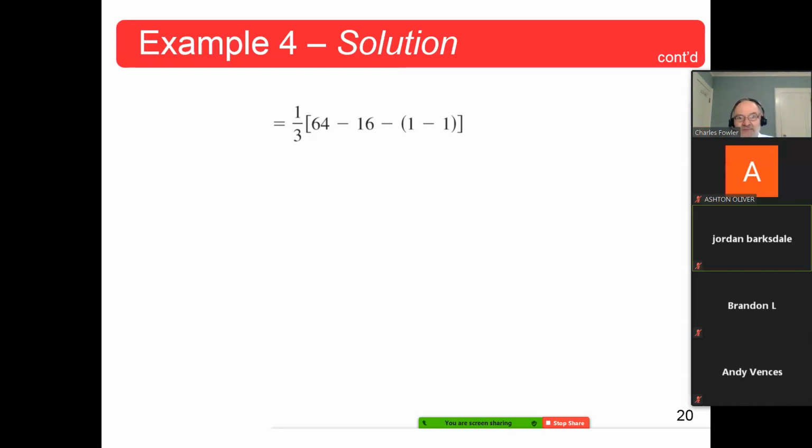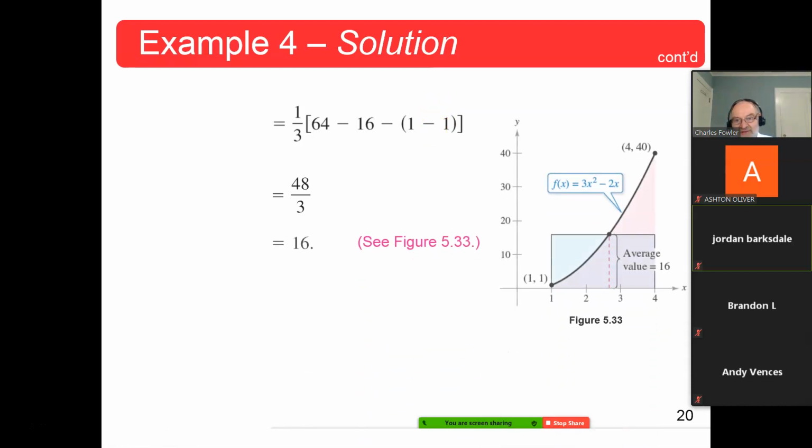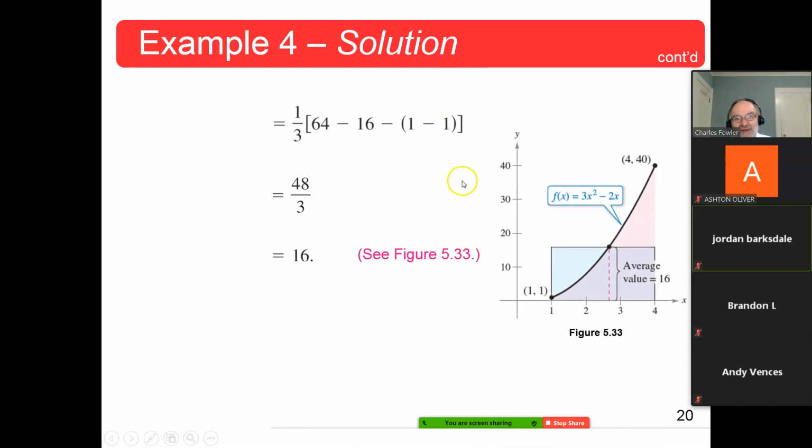Okay. This, of course, becomes 0 just like it did for us, and that would be 48 over 3, which is 16. And there's the graph of it. Now, they only showed the graph from 1 to 4, which is all we're interested in.